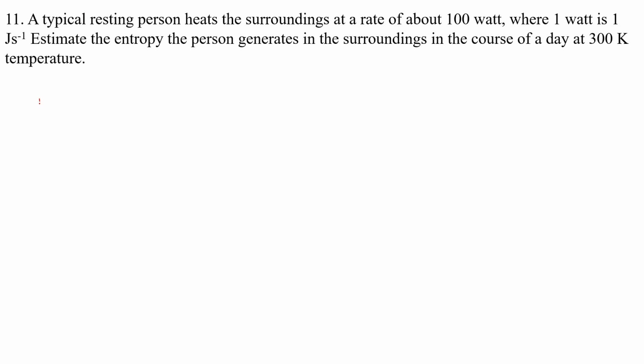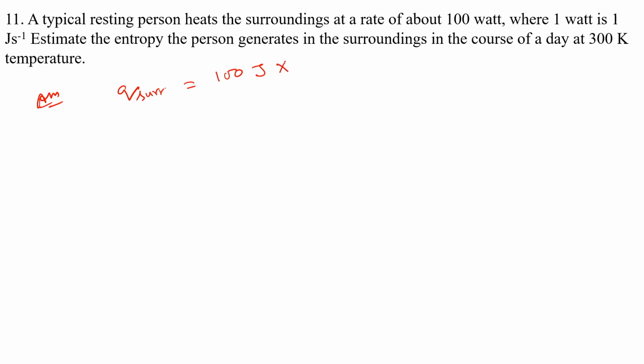So, what is the Q reversible for surroundings? It heats the surroundings, means surroundings is gaining heat, so it is a positive quantity. So, Q surroundings is per second generating 100 joule per second.